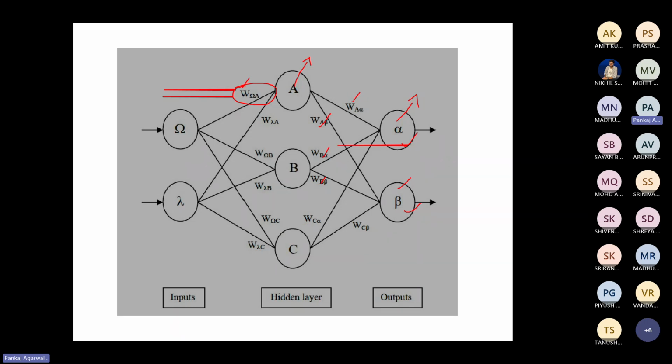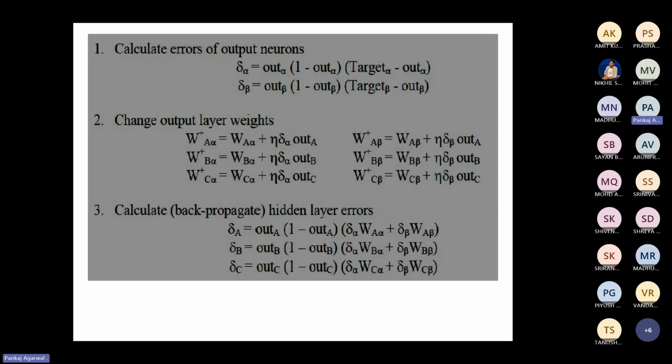So now, using the updated values of these new weights, I would update the values of A, B, and C. You got my point, everyone? You have to respect this because everything happens in sequence. So now you see, I would recalculate, and I'll call it error now.